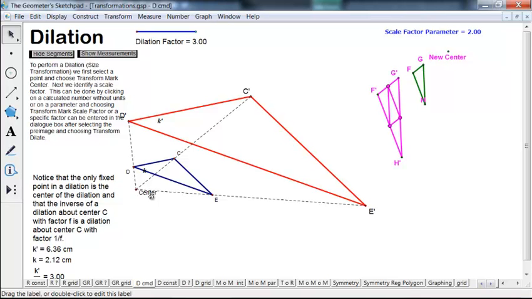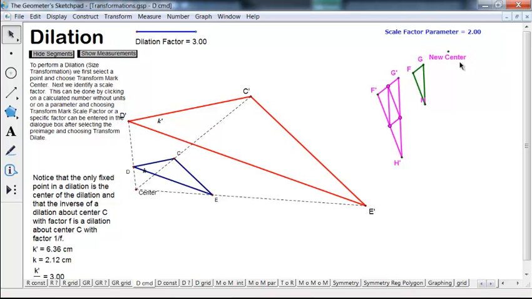In this case, you can do it with a single dilation. In some cases, it might require a reflection or rotation or something along with it.